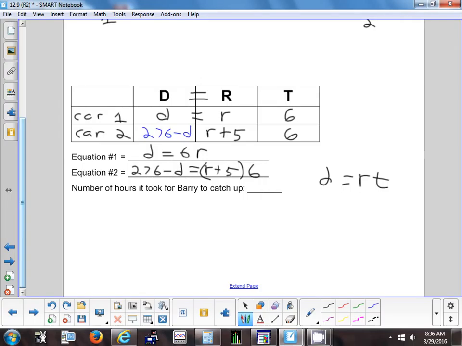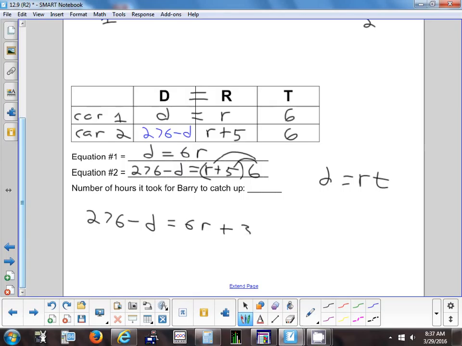I'm going to distribute out the 6 right now, and I'm going to show you what we substitute in for D. So I got 276 minus D equals, Logan, what did you get when you distributed that out? 6R plus 30.